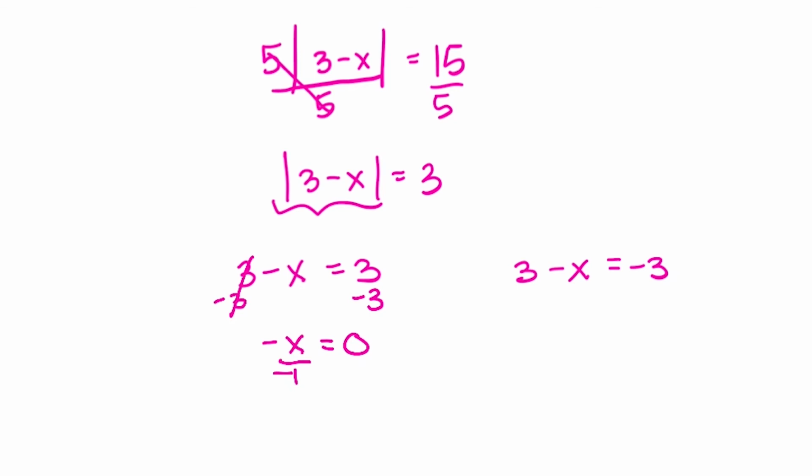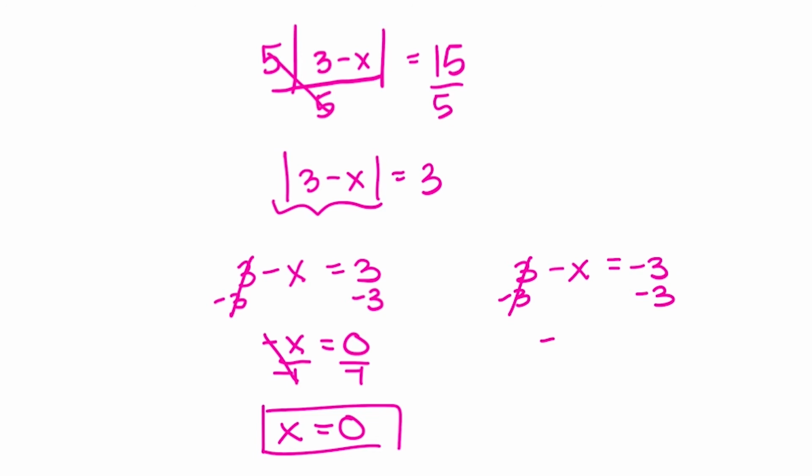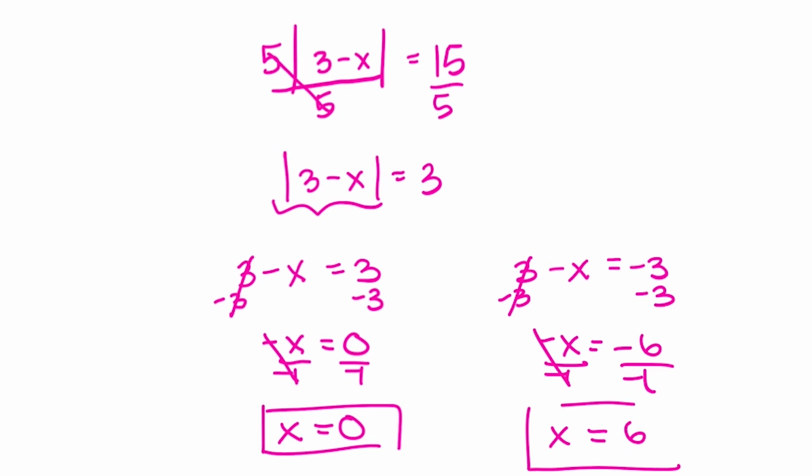And then if I divide by that negative, 0 divided by anything is 0, so our answer is x equals 0. Over here, I'll also subtract the 3 to the other side, so we get negative x equals negative 6. And then dividing by the negative, we get that x equals positive 6. So these are the two answers.